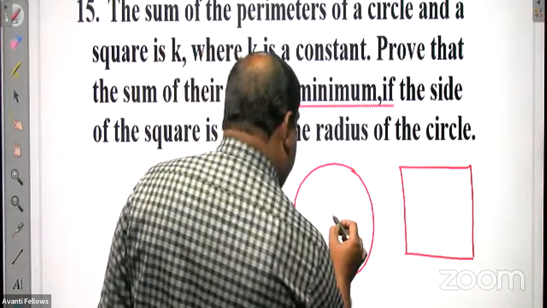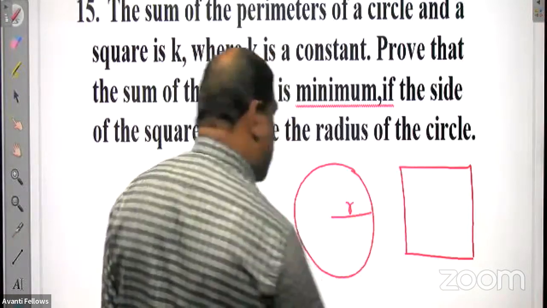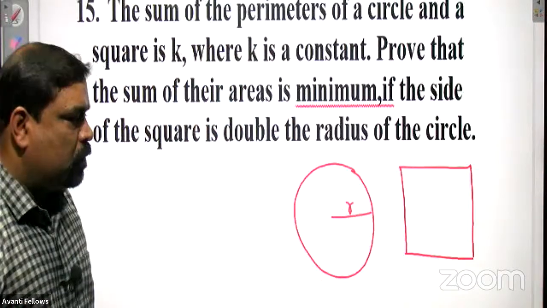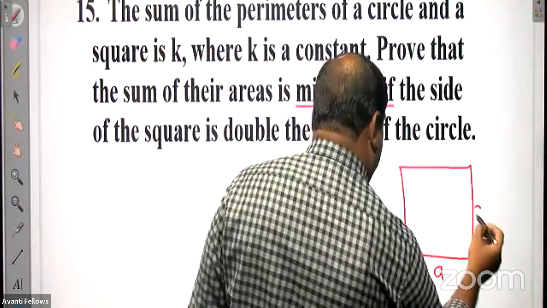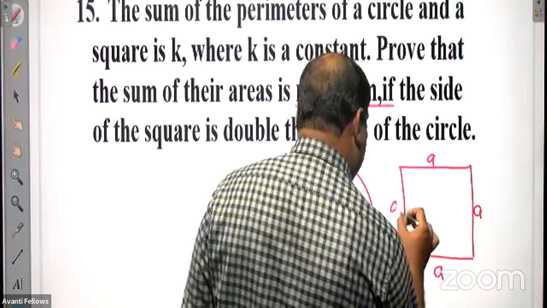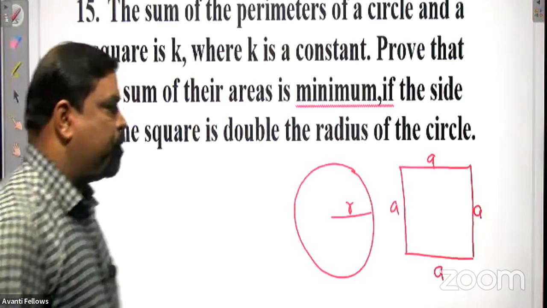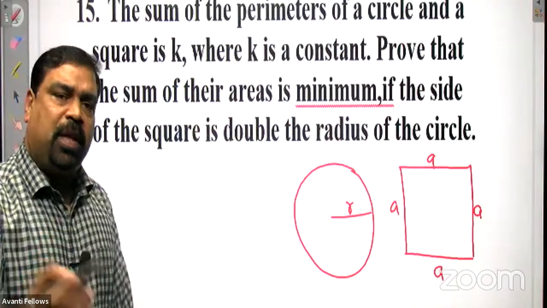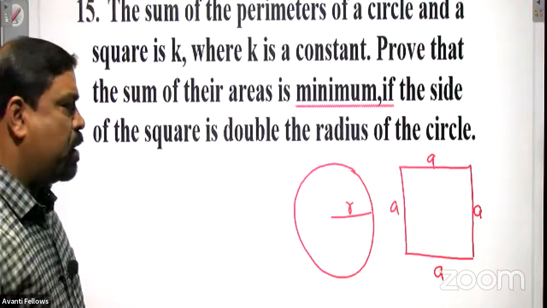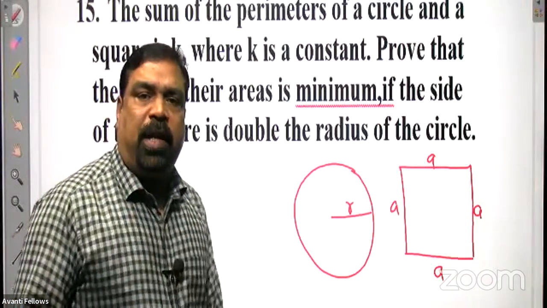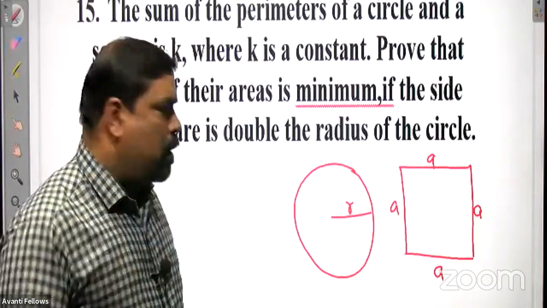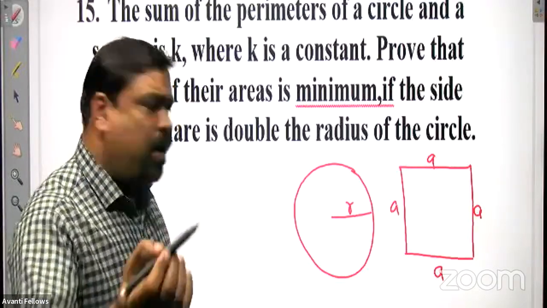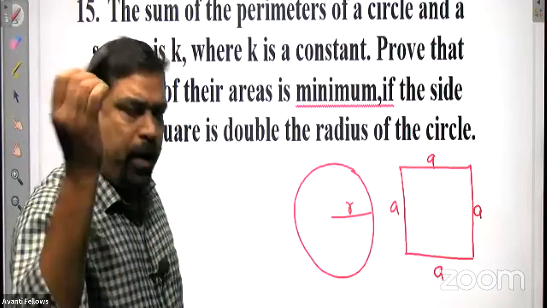Let us take the radius of the circle as r and the side of the square as a. Let r be the radius of the given circle and a be the side of the square. You have to start like that.